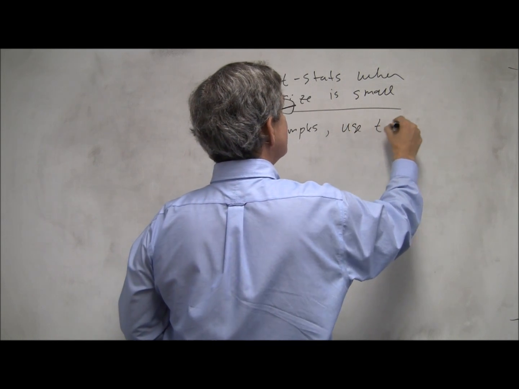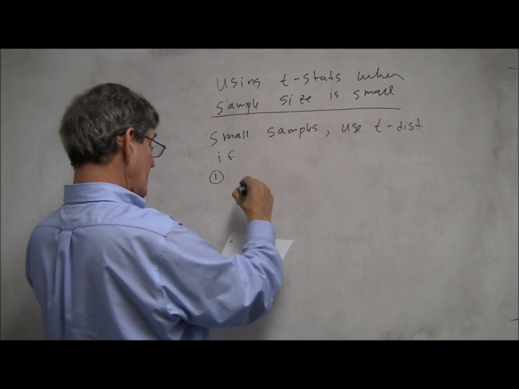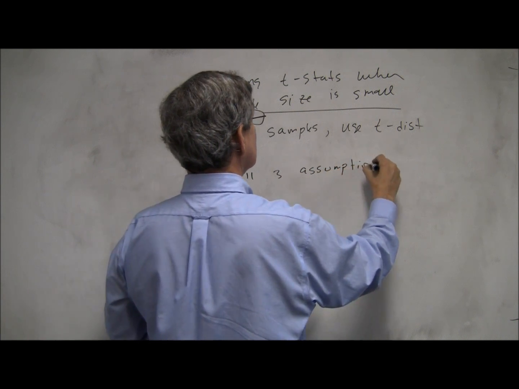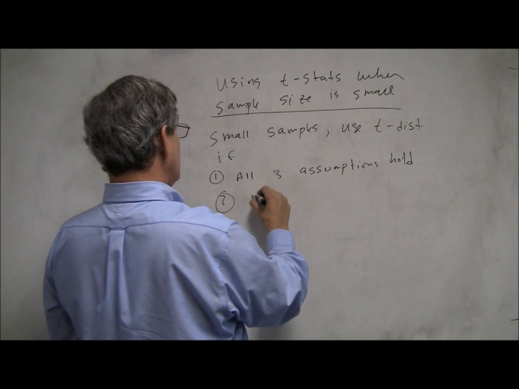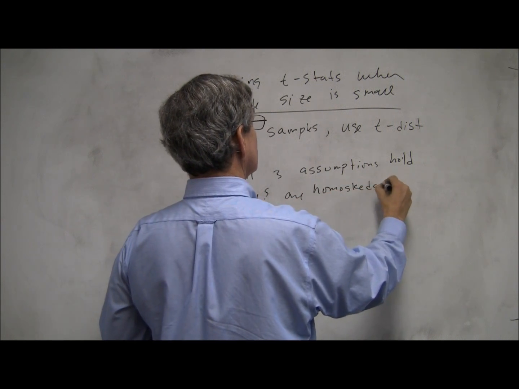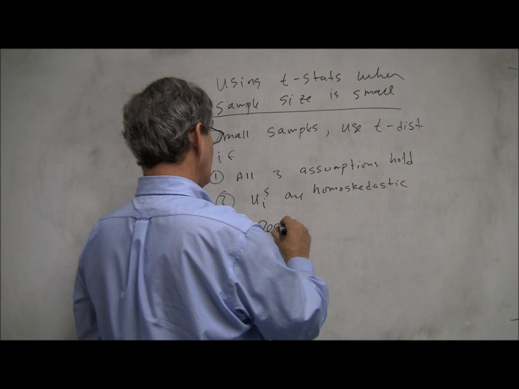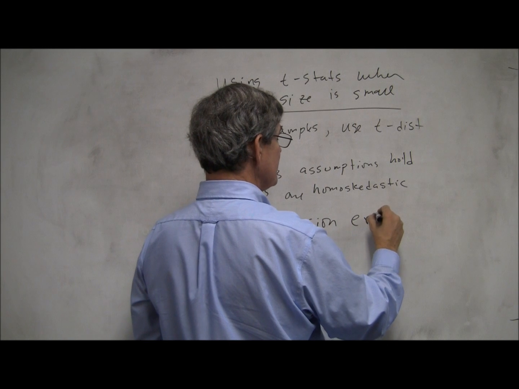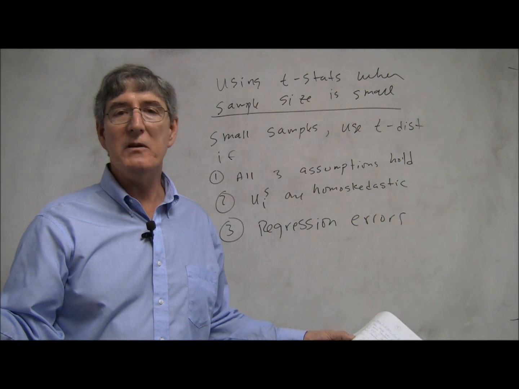you can use the t-distribution instead of the normal distribution if, one, all three assumptions hold. Two, the UIs are homoscedastic. And three, the regression errors are normal. You have to make a distributional assumption. We haven't done this up to this point. I've drawn them as though they're normal when I've been illustrating hetero and homoscedasticity, but we really haven't assumed the errors are normal. They could be uniform, they could be anything.